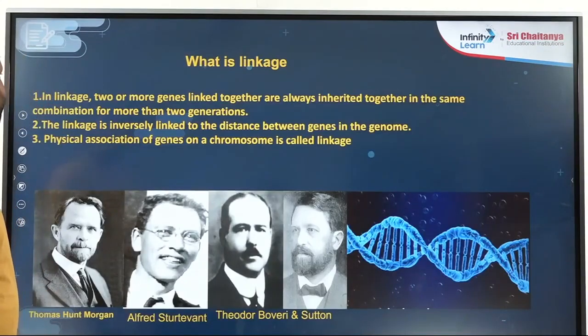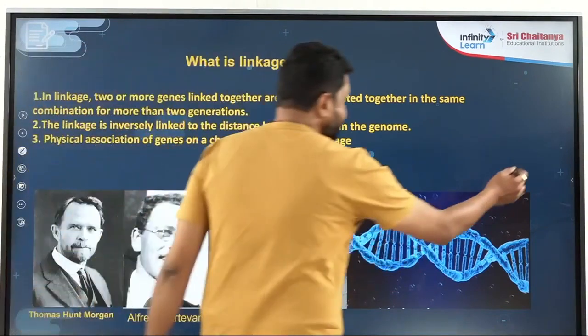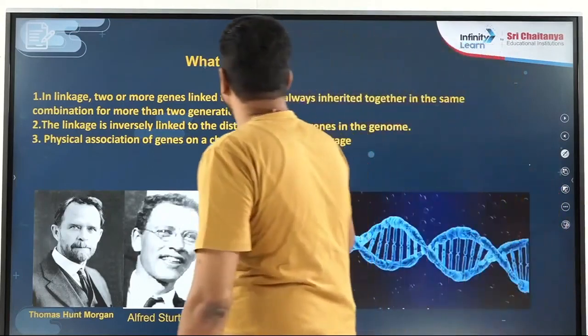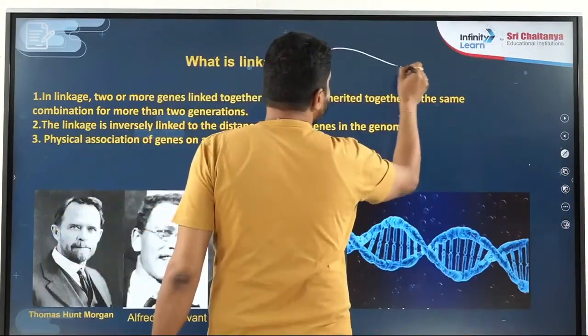So what is linkage? In linkage, two or more genes linked together are always inherited together in the same combination for more than 2 generations. Have a look here. This is one chromosome.